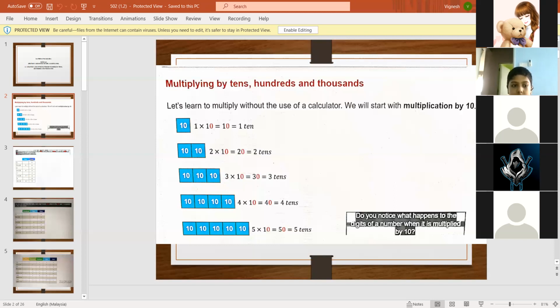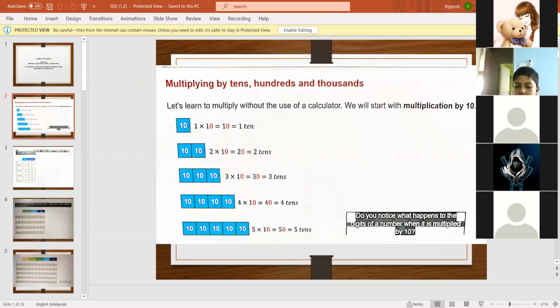Do you notice what happens to the digits of a number when it's multiplied by 10? What will happen to the number if you multiply it by 10? What happened to the number after you multiply with 10?